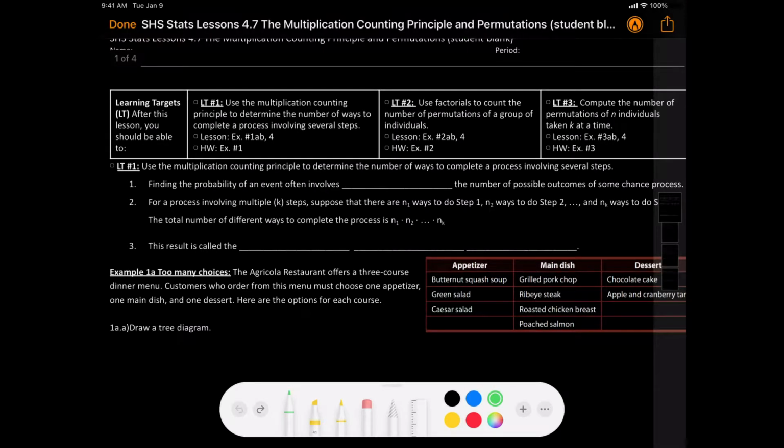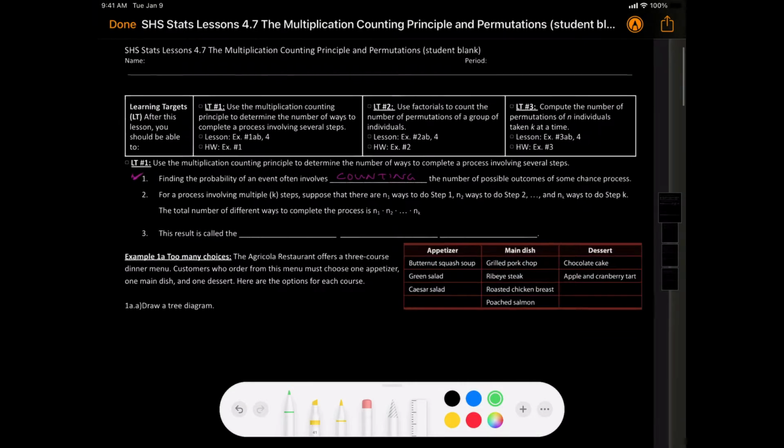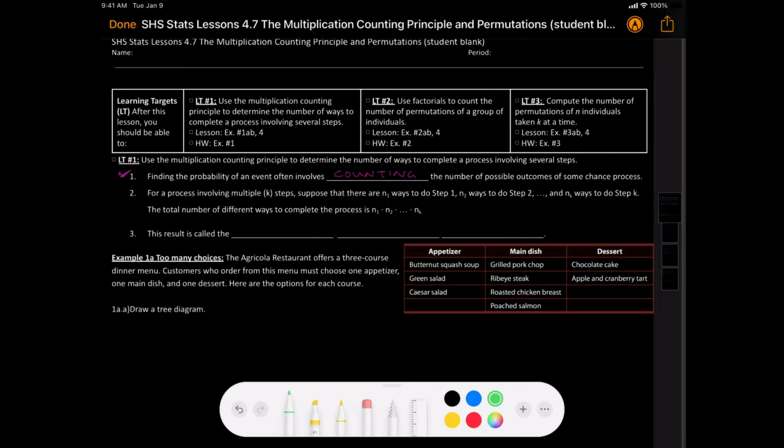Learning target number 1, let's talk about number 1. Finding the probability of an event often involves counting the number of possible outcomes of some chance process. Number 2, for a process involving multiple steps, we call that k. Suppose that there are n1 ways to do step 1, and n2 ways to do step 2, and nk ways to do step k.